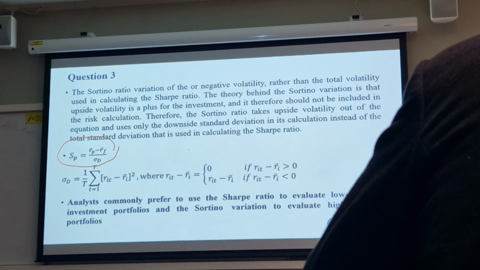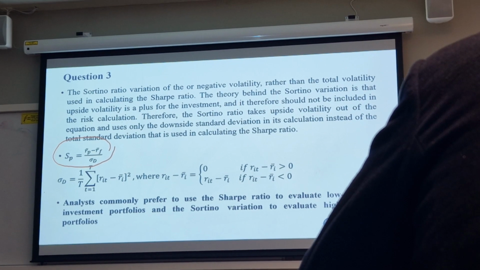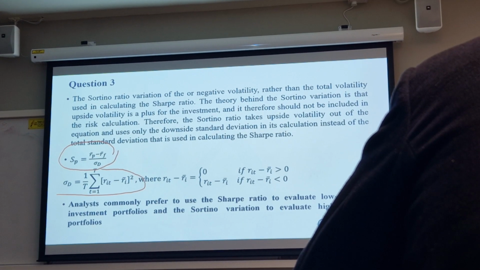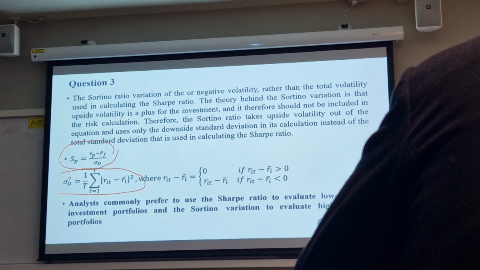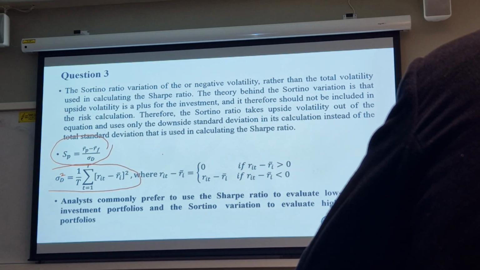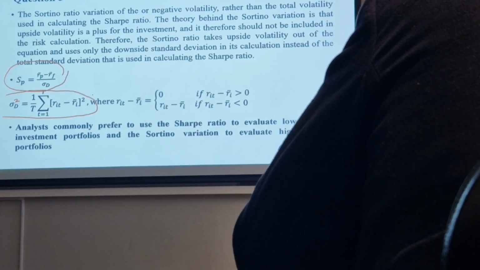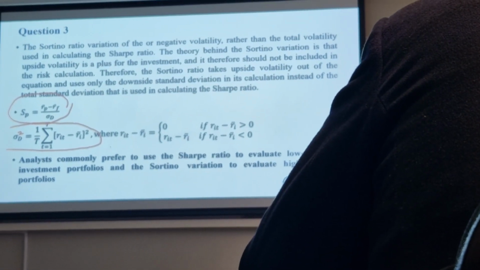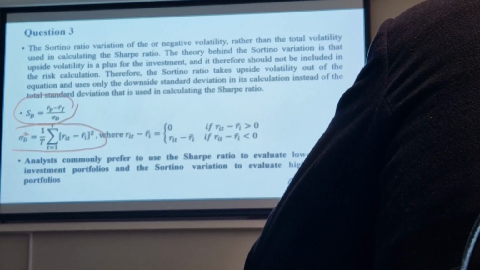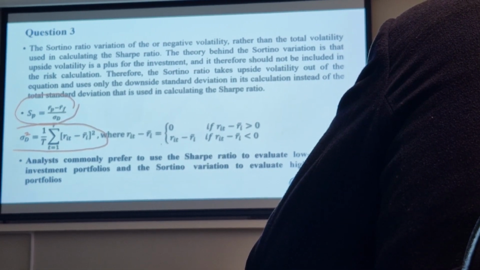So this is the equation to calculate the variance. There should be a square here. The variance of the return could be the total risk, but there are some constraints. We only consider downside risk.